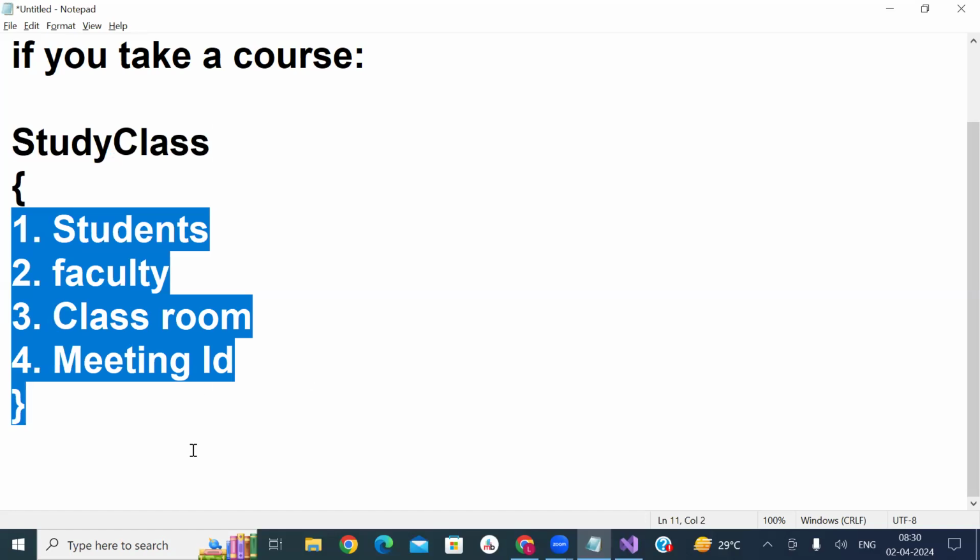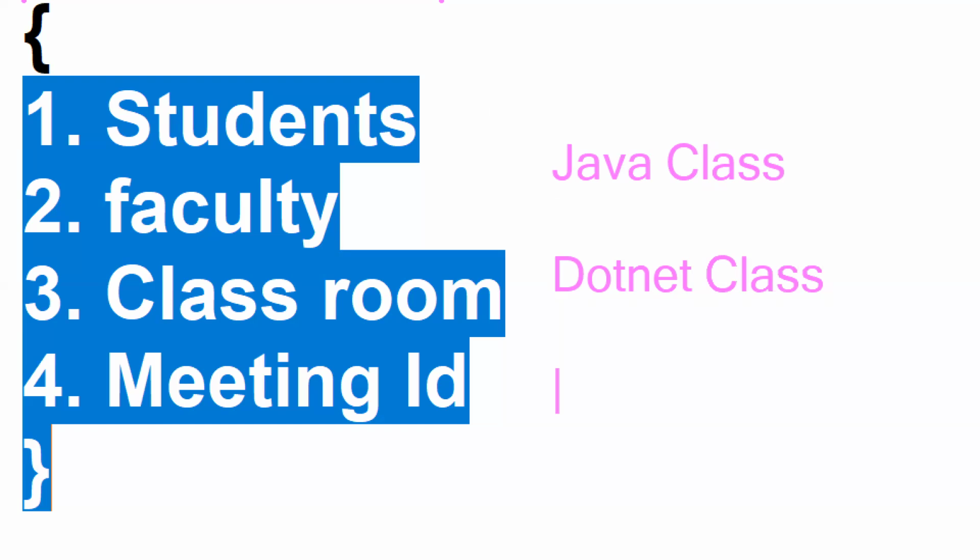See, this is my class mark. Now, what I'm planning to do is, I have a Java class, I have a .NET class, I have a Python class.